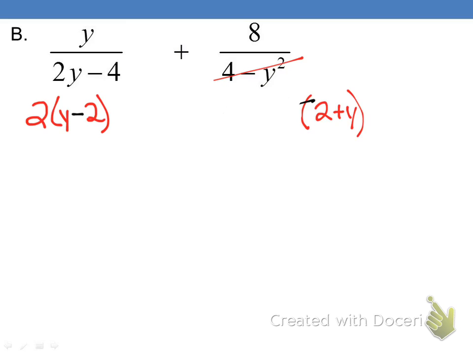2. Okay, so you want to keep this 2 minus y, right? Okay, so instead, you want to make this a negative, this a positive. Yes. I can get on board with that. So it matches. And then you find the least common denominator.